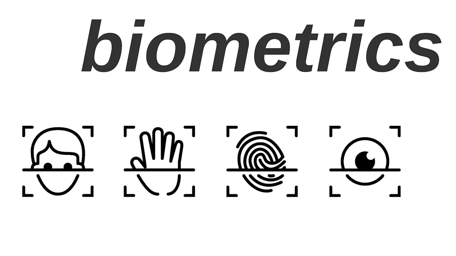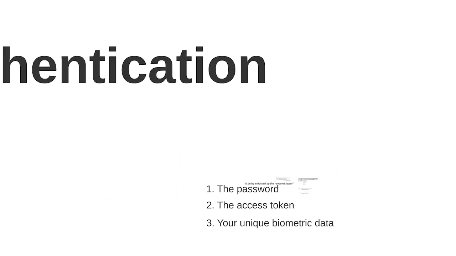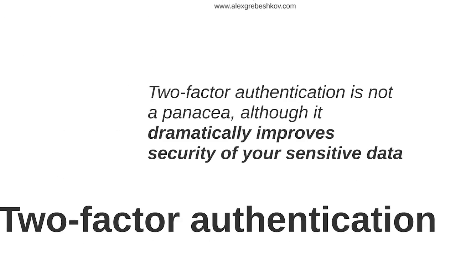Sometimes they can be tricked even with a printout photo, so I would say they are too unreliable to depend on for authentication. That is why I should note that two-factor authentication is not a panacea, although it dramatically improves security of your sensitive data, so I would advise you to take advantage of it.